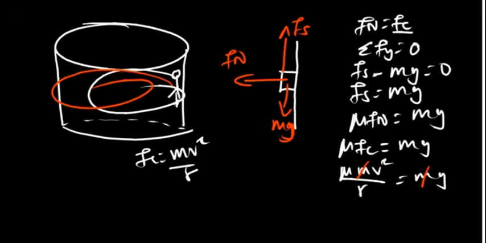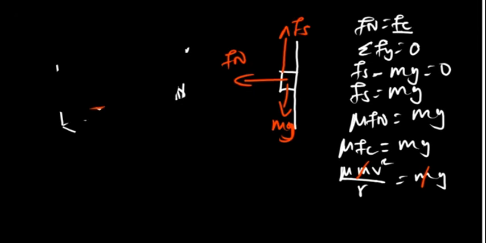So what we're going to have now is mu v squared over r has to be equal to g.